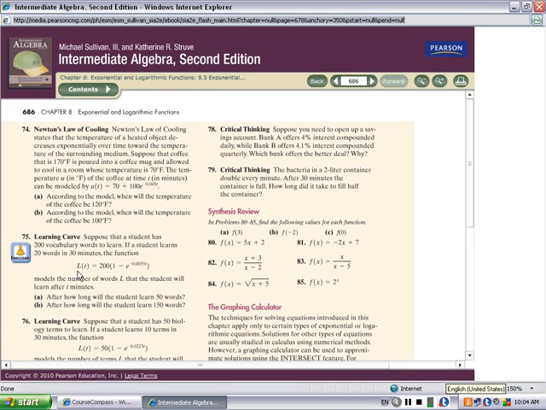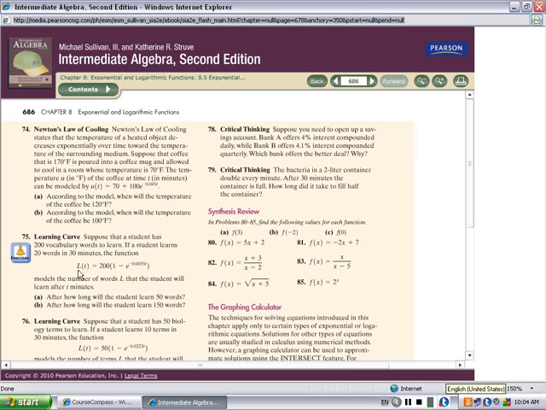The numbers 20, 30, 200, I don't care, because I have been given this model. I don't know how they come up with this, but I know this is the model. So you're given the model already.